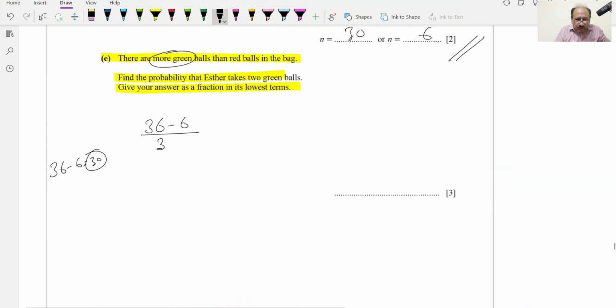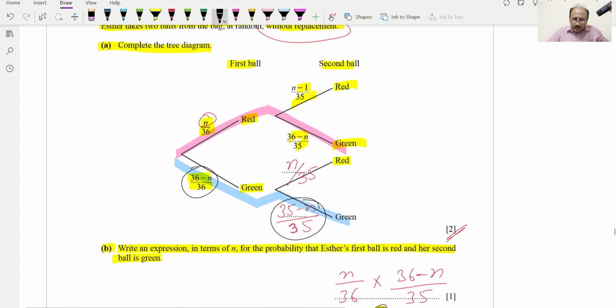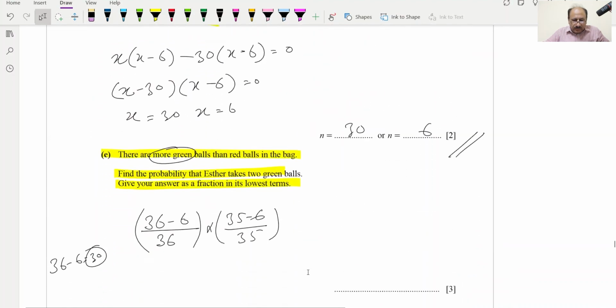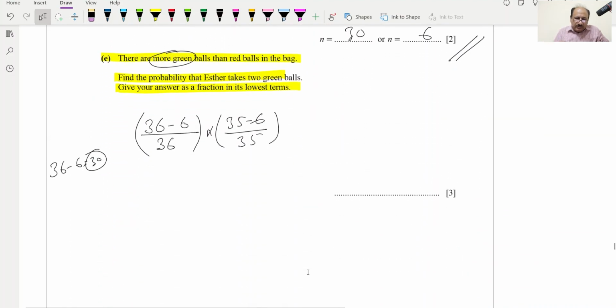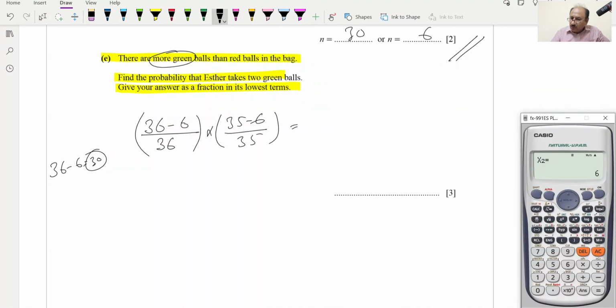So this will be divided by 36 and multiplication 35 minus 6 over 35. What we have done, basically we have taken these two terms and replaced n is equal to 6, because n is lesser, which is basically the red balls. So 30 will be green balls, and this we can multiply and solve.